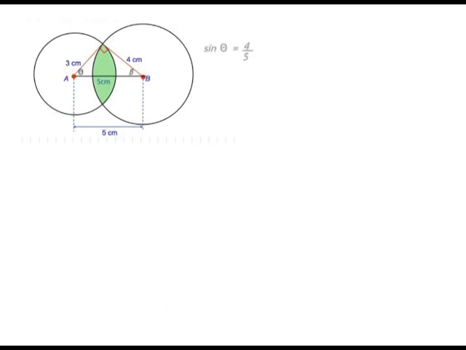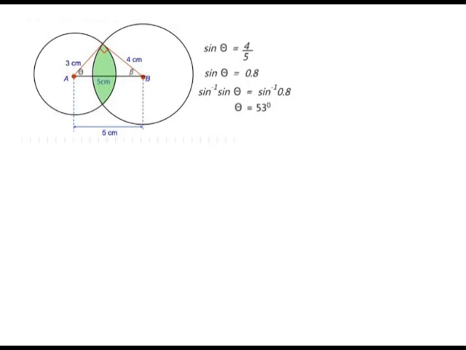And so sine theta is equal to 4 over 5. This is equal to 0.8. Finding the inverse on both sides, theta is equal to 53 degrees.